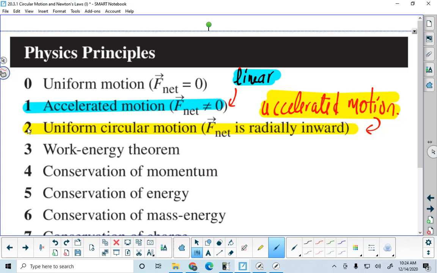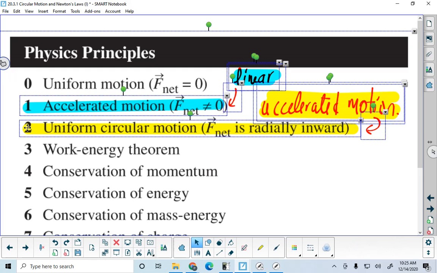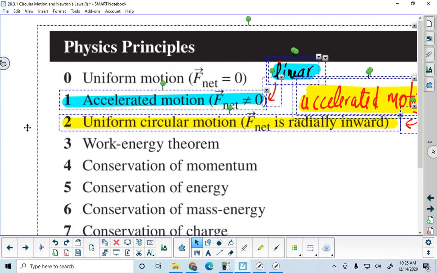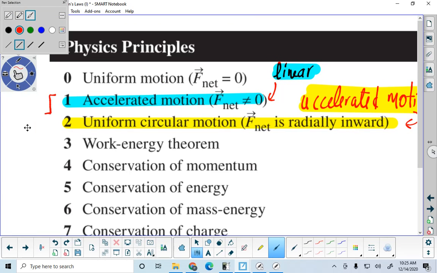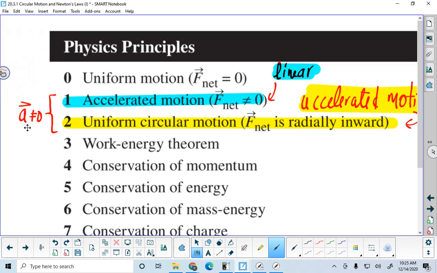And the bigger picture here, everybody, is that 1 and 2 are both accelerated motion. Physics principles 1 and 2 are both acceleration not equal to 0, whereas physics principle 0 is acceleration equal to 0.